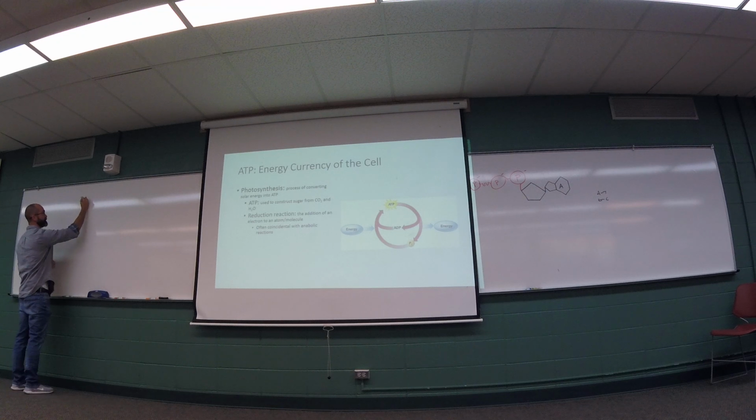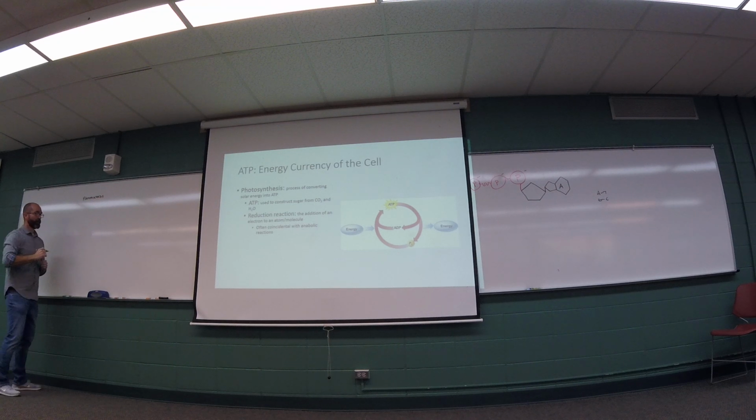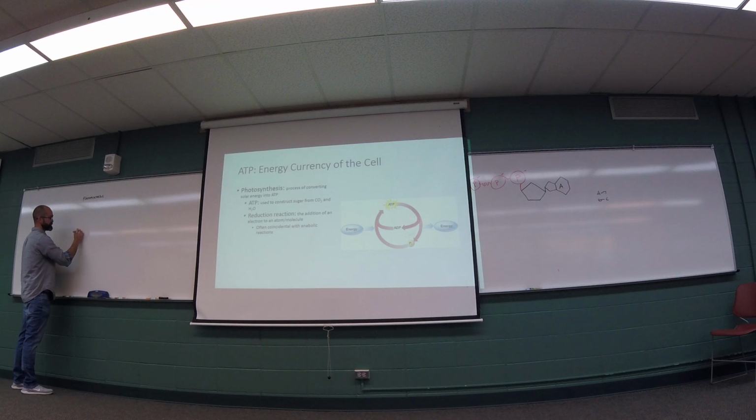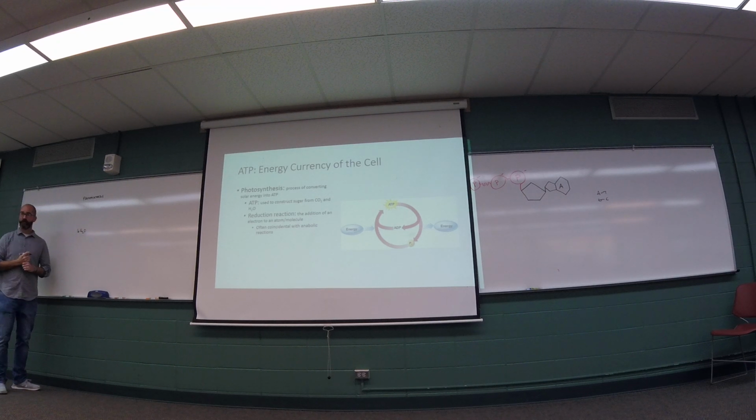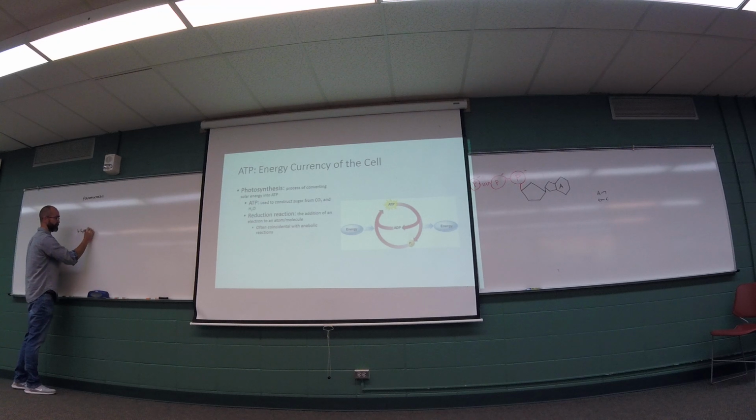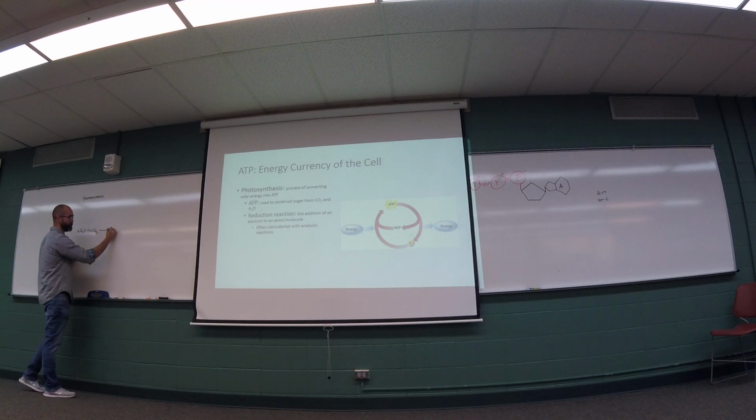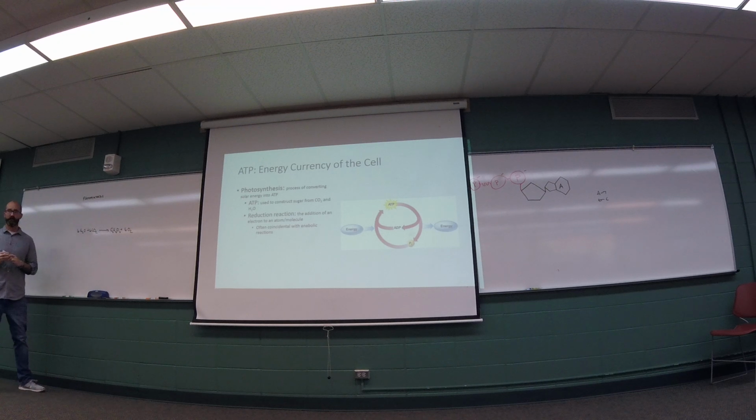With photosynthesis, the overall reaction looks something like this, where we take 6 water molecules and 6 carbon dioxide molecules, and we produce 1 C6H12O6 and 6 oxygen molecules.